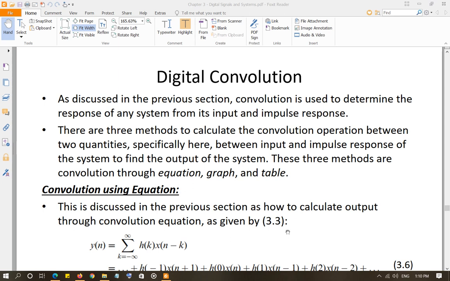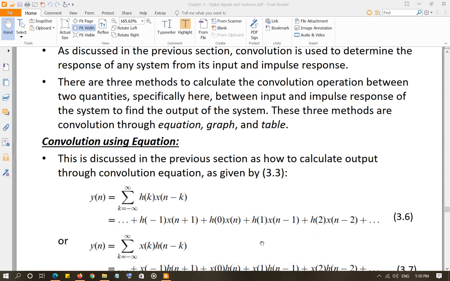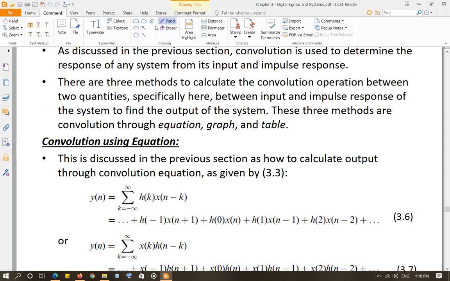The first one we discussed in the previous topics, that is how to calculate the convolution using the convolution formula or convolution equation.